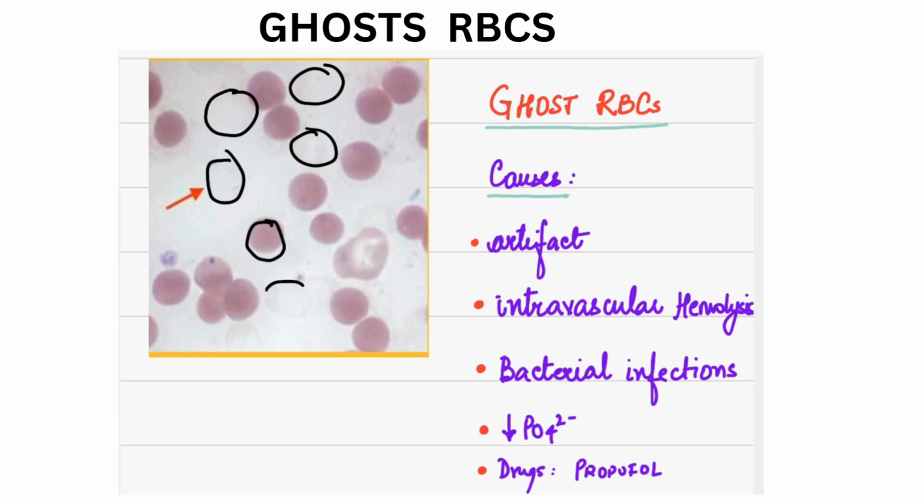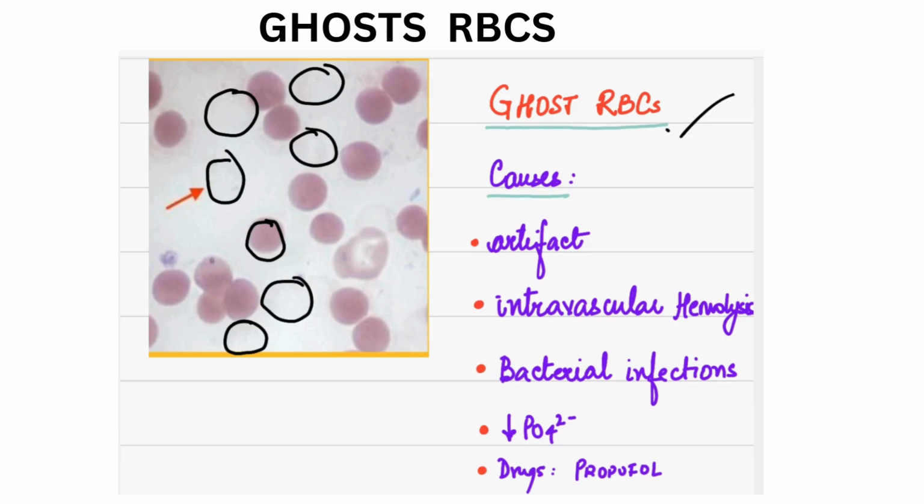So medically we call these cells ghost RBCs. Sometimes it's just a staining artifact, so do not assume that if this is present, intravascular hemolysis is actually happening. Sometimes it's just an artifact.